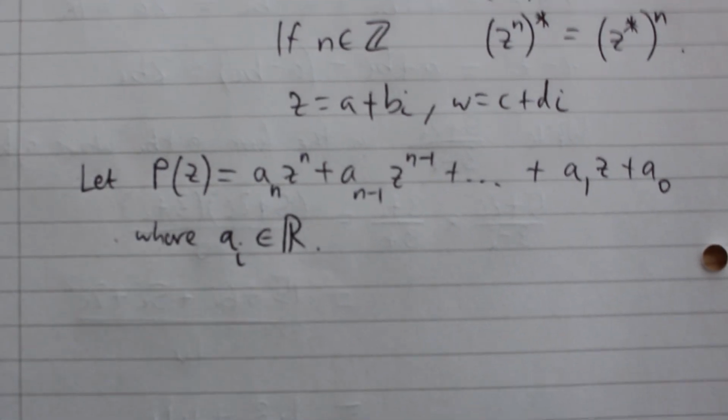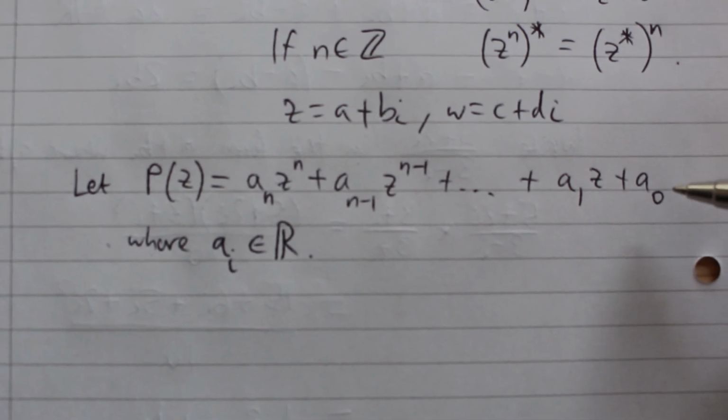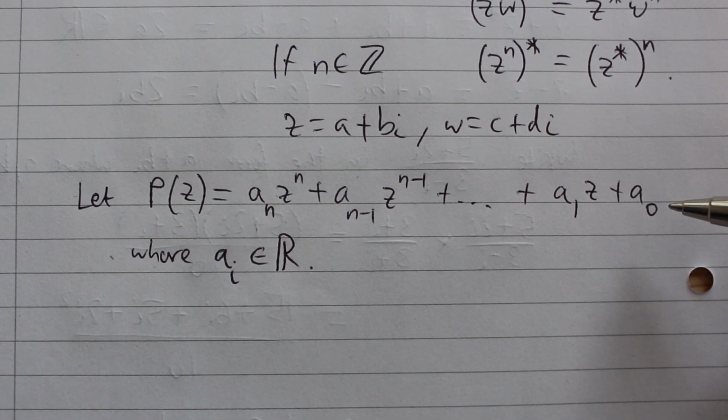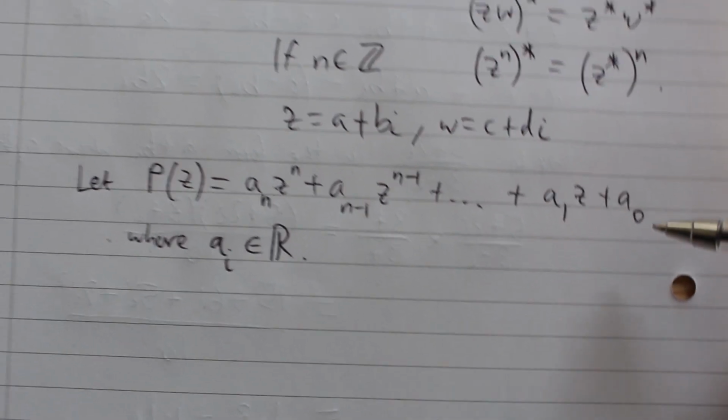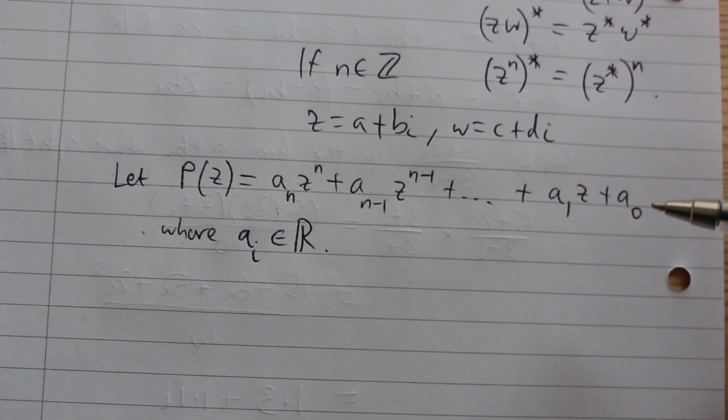So this is a way of writing down in general some polynomial with real coefficients. And we want to prove that complex roots come in conjugate pairs.